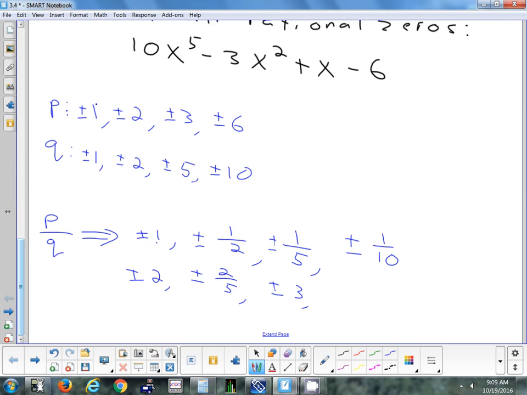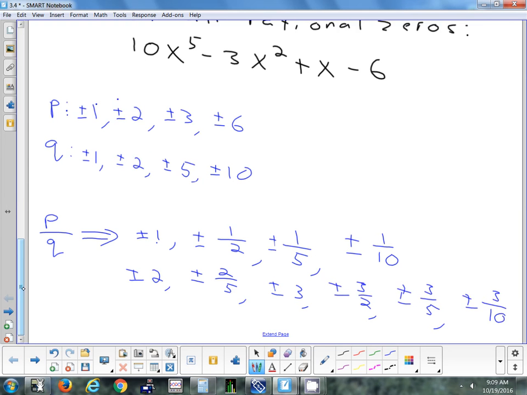Can you tell me how you got that? So you had 3 in the top. You do 2 in the top over 10. That would be 1/5. So we already did all the ones with 1. We did all the ones with 2. Now we're doing the ones with 3. Kenna? Plus or minus 3 over 10. Yep. Plus or minus 3 over 2. And can you do the last one for me? Yep, actually there's a couple more. Plus or minus 3 over 5, and plus or minus 3 over 10. So those are all possibilities with 3 in the numerator.